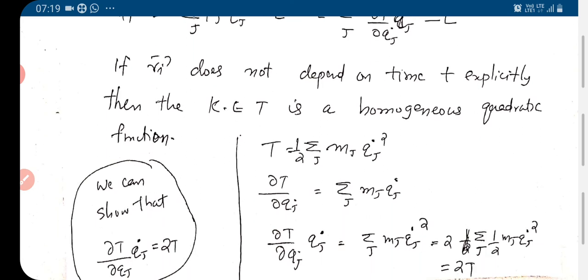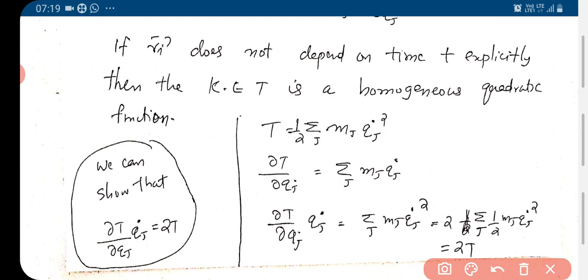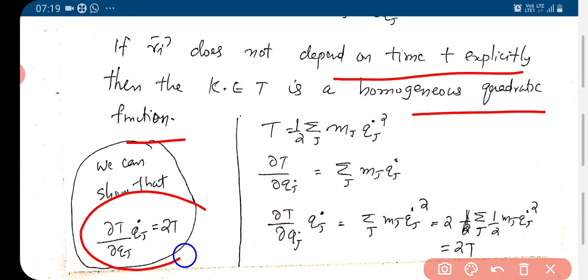And if ri does not depend on time t explicitly, the kinetic energy is a homogeneous quadratic function, and we can show that Σ q̇j ∂T/∂q̇j is equal to 2T. So we can show here that it is equal to 2 times the kinetic energy.